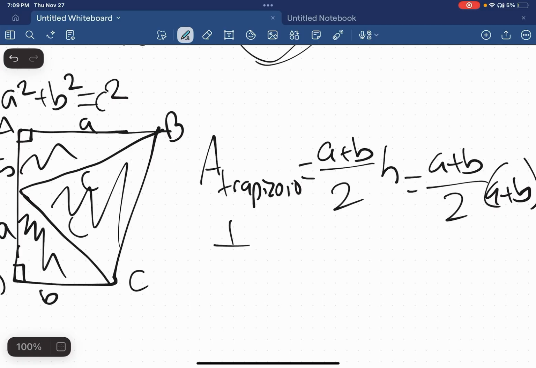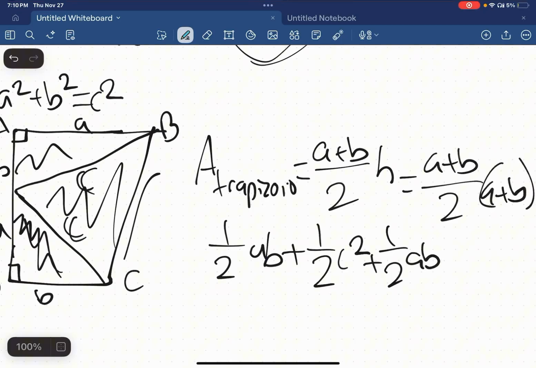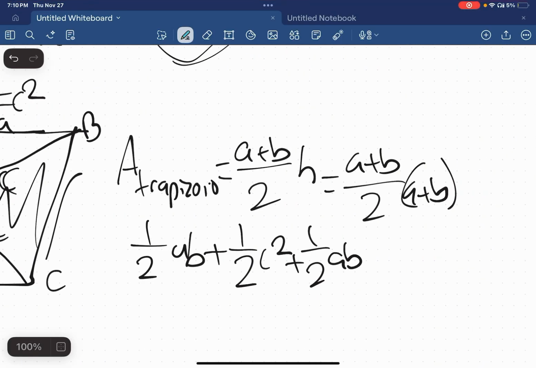First triangle will be 1/2 ab. Second triangle will be the c one right here, which is going to be 1/2 c squared, since both of its sides are c. And then this third one is just going to be 1/2 ab once again. And that's equal to this expression up here.